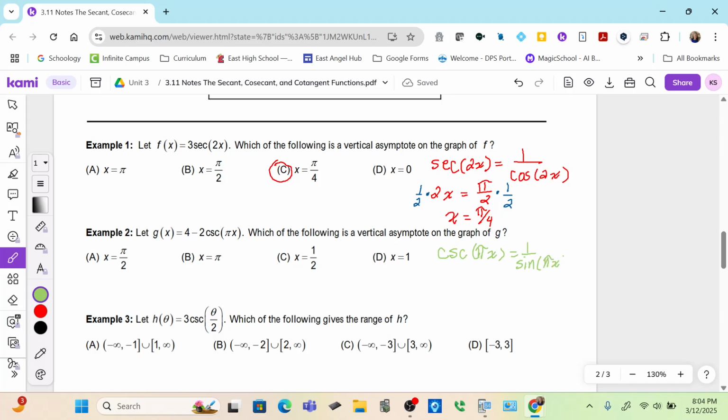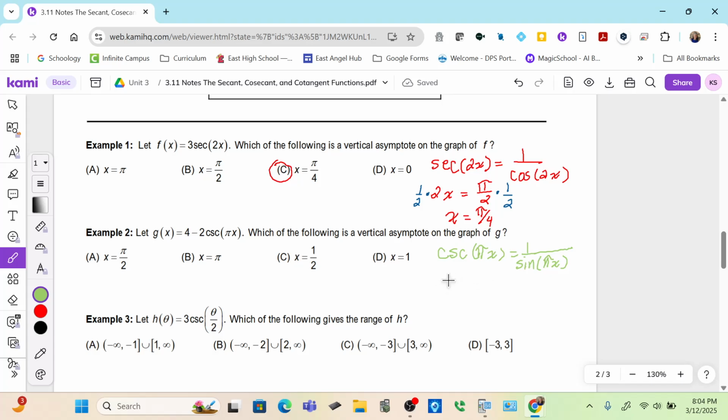And again, we don't want sine of pi x to equal 0. So to find our vertical asymptote, I'm going to think of what radian measure makes sine equal 0. Well, 0 will do it, but if I set sine of pi x equal to 0, I'll end up with x equals 0, and that's not one of my choices.